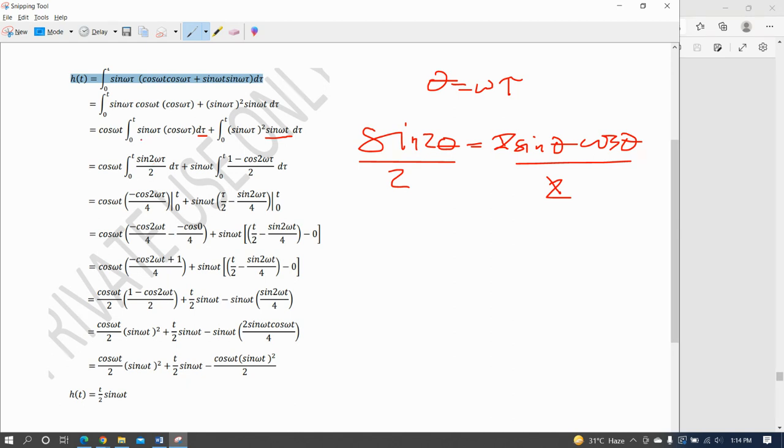Kasi this one is also not integrable. And of course, ito hindi rin. Si sine squared omega tau ay hindi rin pwedeng i-integrate agad-agad. That's why we apply trigonometric identities. Check ninyo na lang later on kung merong integral ito.